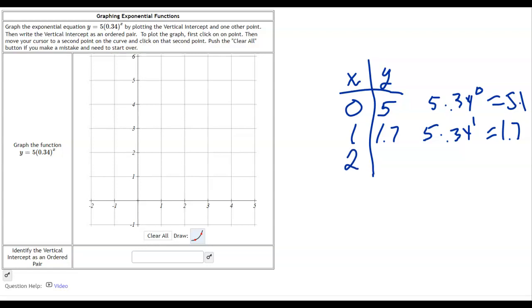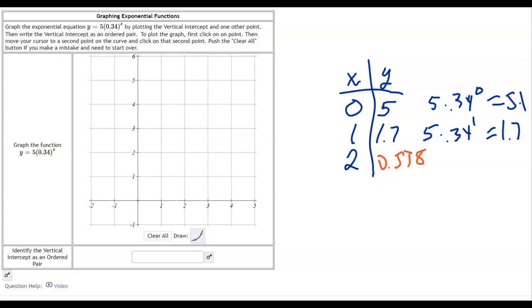So I'll just put in 5 times 0.34 squared, and that gives me 0.578. You can see those numbers are getting smaller, right? It's a decreasing function.